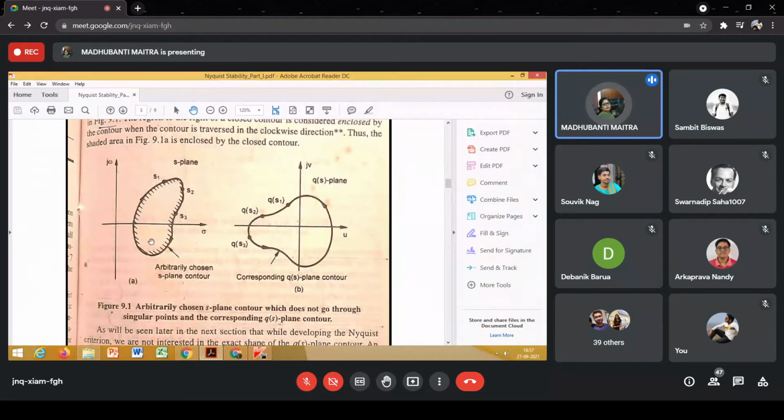So this is the region, and this region will be said to be enclosed by this contour. And these regions are lying to the left of the contour while we are traversing in the clockwise direction. Hence, these regions will not be enclosed by this contour.